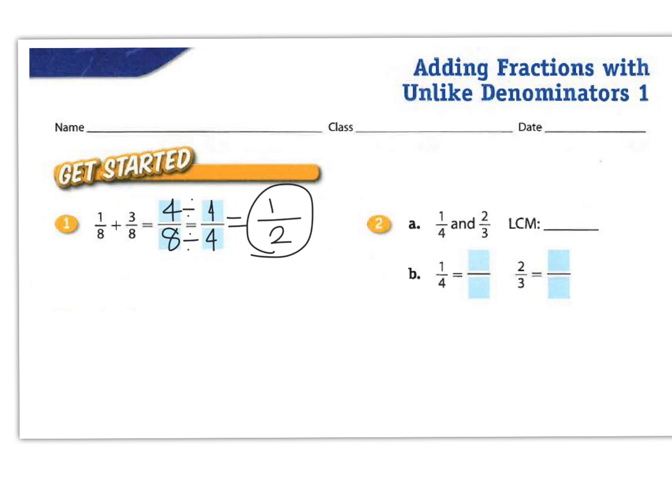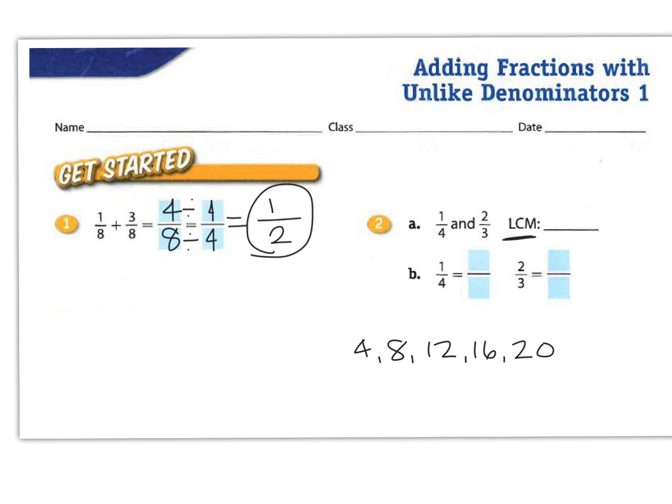Okay, and this is a reminder, 1/4 and 2/3. So we need to find the LCM, which stands for the least common multiple. So we need to find a multiple that they both have in common. That's the lowest one that they have in common. So if I count by 4s, I'm going to just list them out. 4, 8, 12, 16, 20.